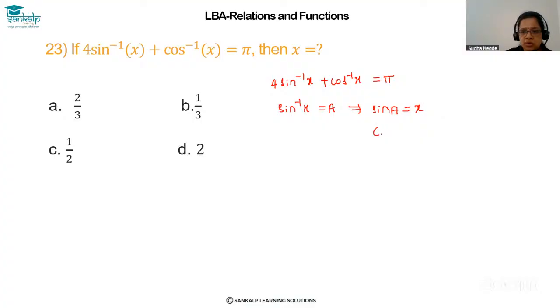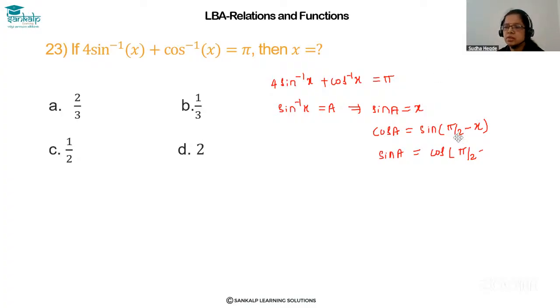So cos A is equal to, can I write it as sin pi by 2 minus x, or sin A is equal to cos pi by 2 minus x. Both the expressions are true. But in this case, use the second expression. So sin A is x.